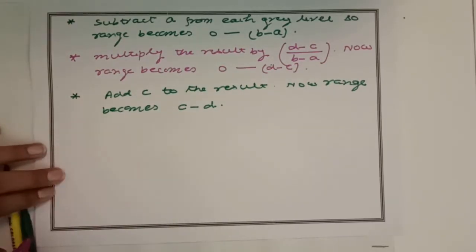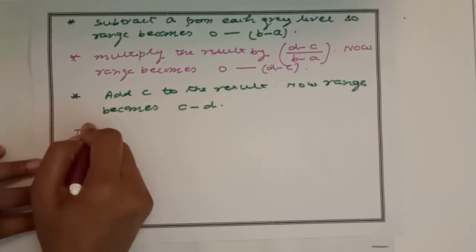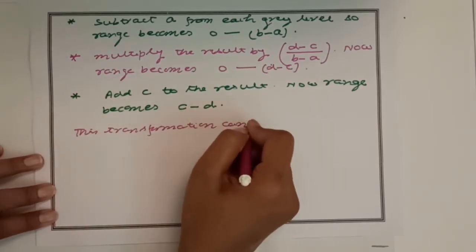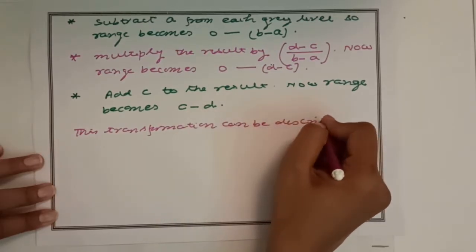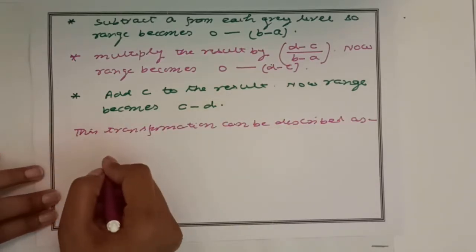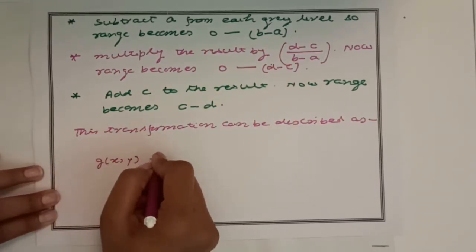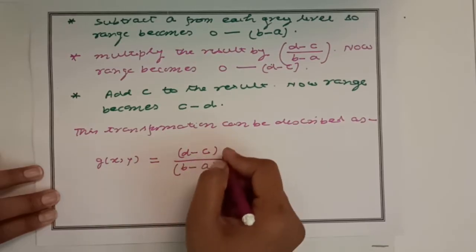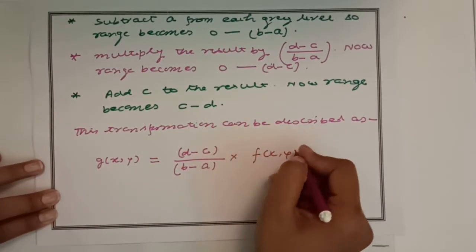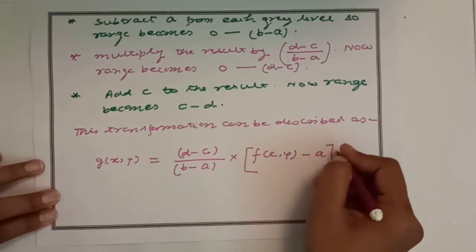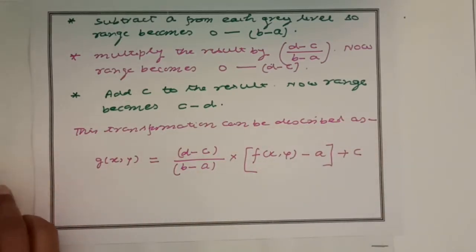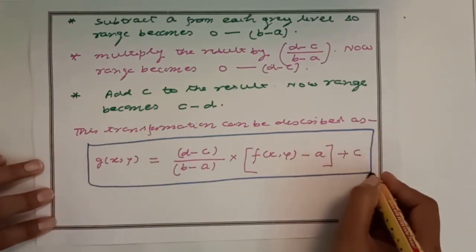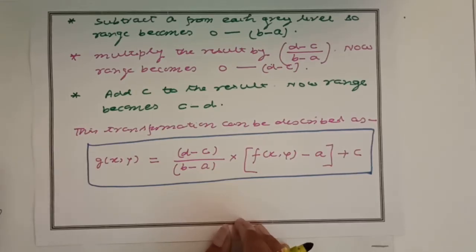So this transformation can be described in one step as g of x comma y equals D minus C upon B minus A into f of x y minus A, plus C. So in one step it can be represented in this form, and it can be directly applied for the image transformation.